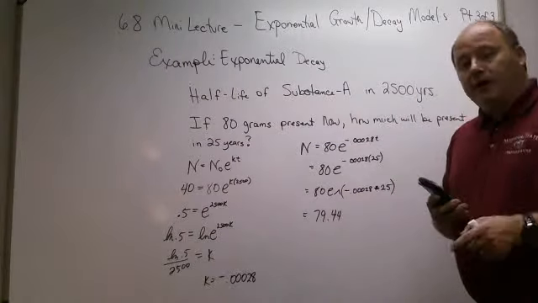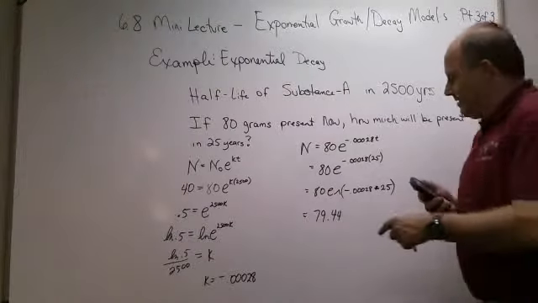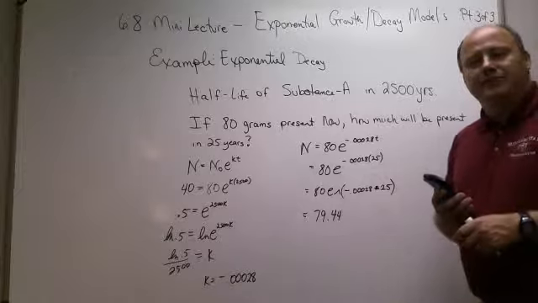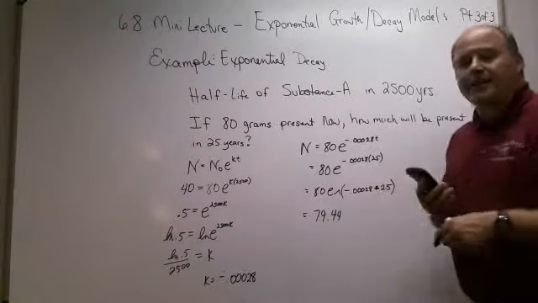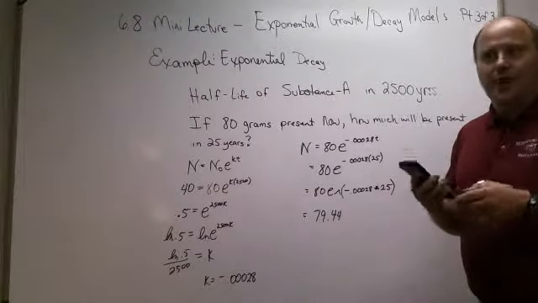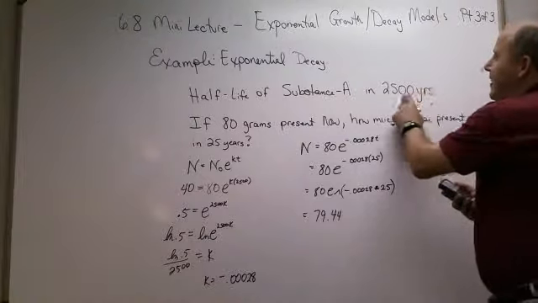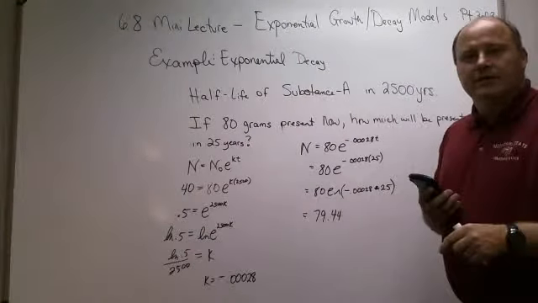Now, if you recall, I started out at 80, and I'm down to 79.44. So I've really lost just half of 1 gram in 25 years. Why is it so low? Because the decay rate was so low. It takes 2,500 years just to go from 80 down to 40.